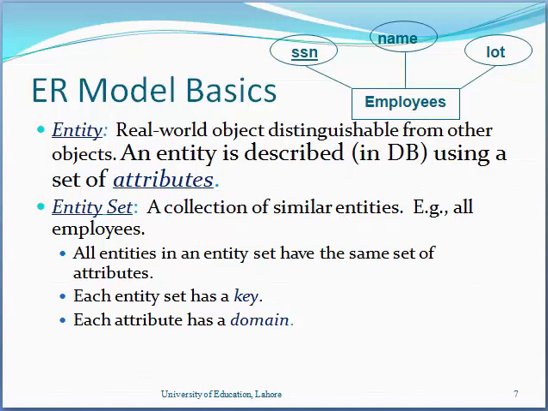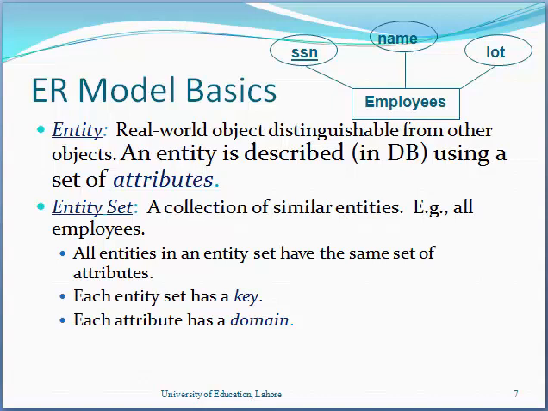This entity relationship model was introduced by Peter Chen in 1976. And students, this model represents the conceptual view of a database along with its entities and relationships in an easy way.